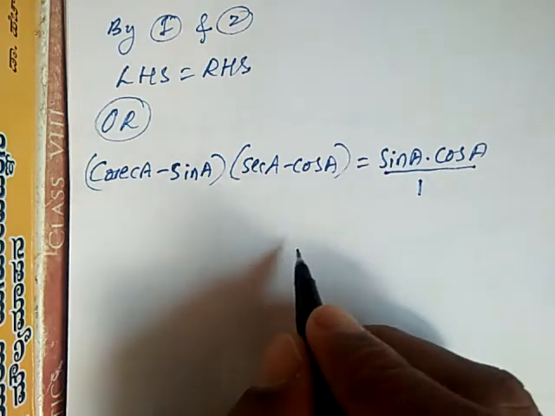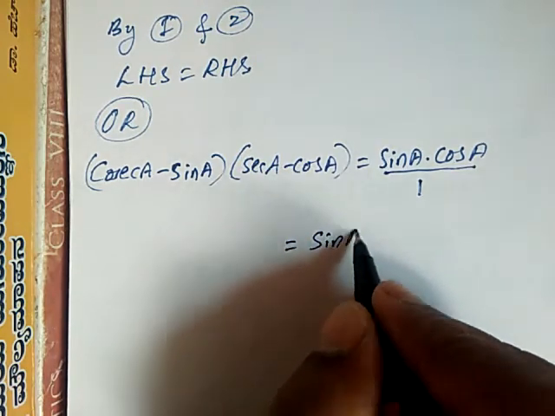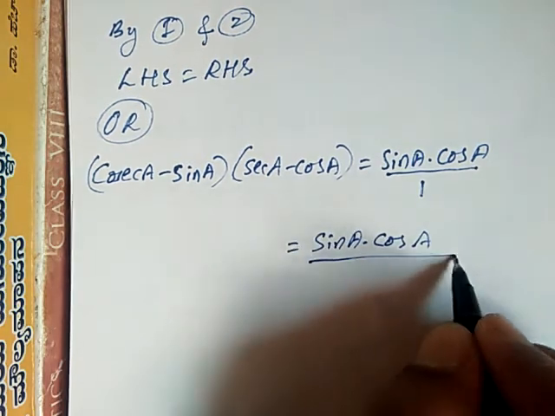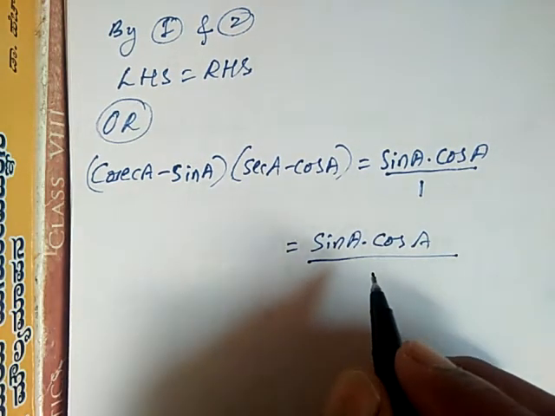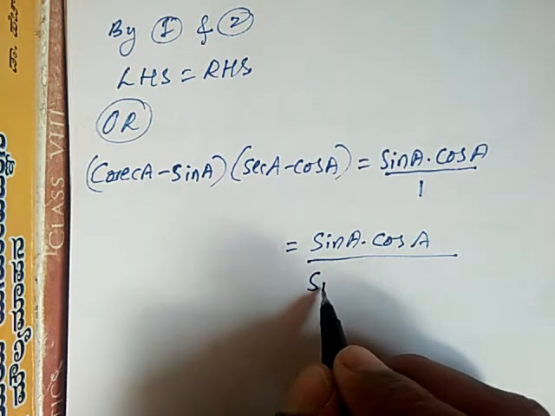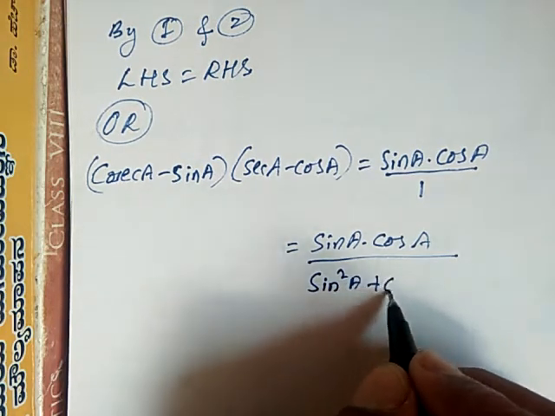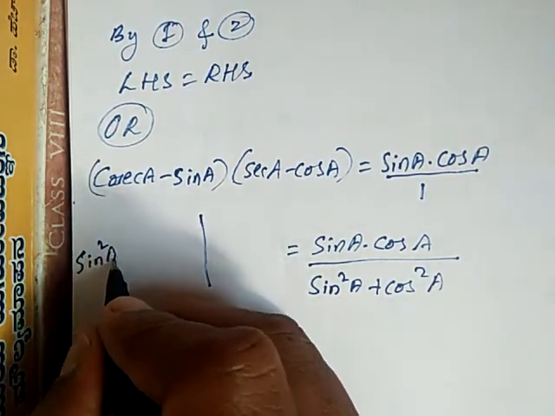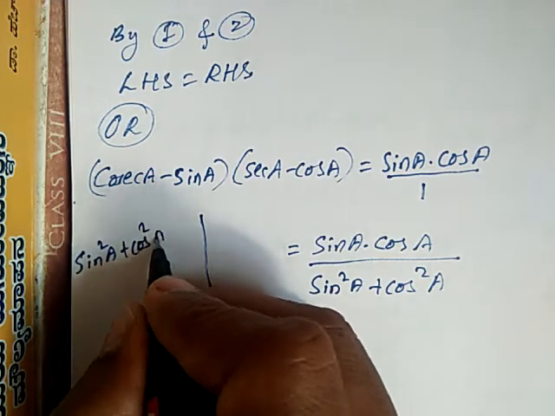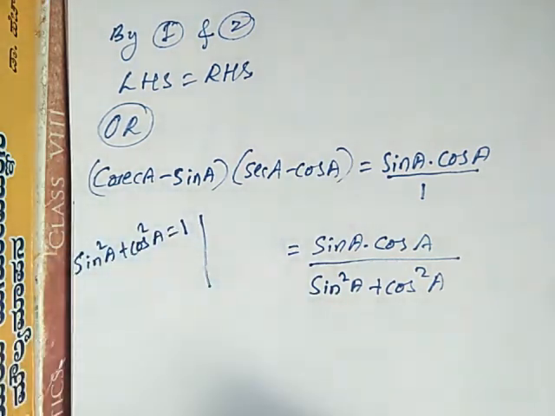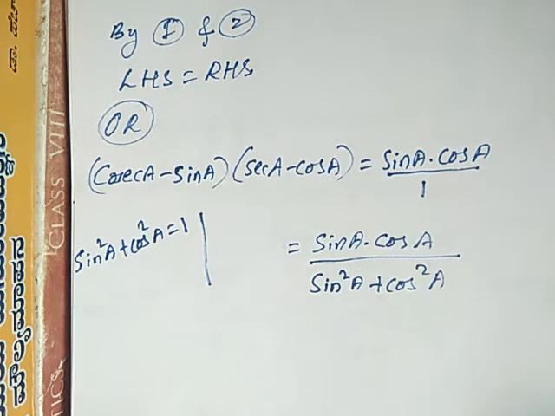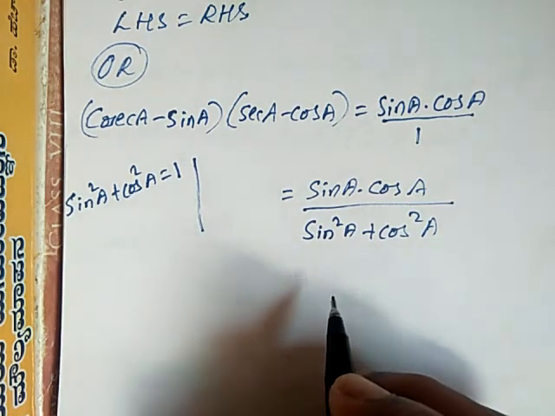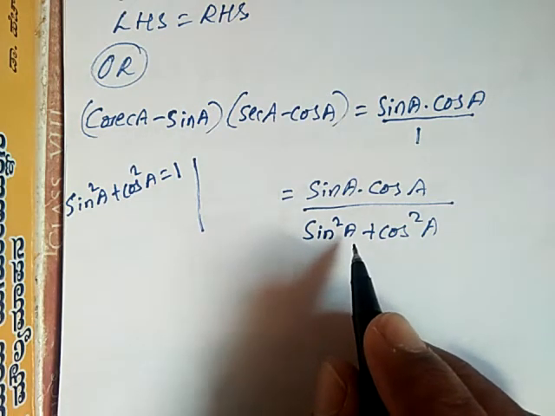So you can write sin A into cos A divided by sin square A plus cos square A, because sin square A plus cos square A is equal to 1, the identity, we know that. So by this, if you write here sin square A plus cos square A.